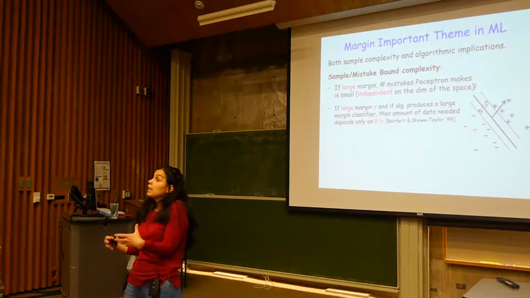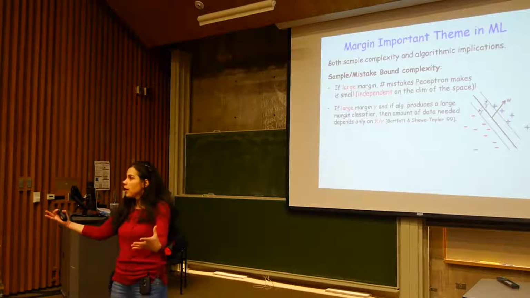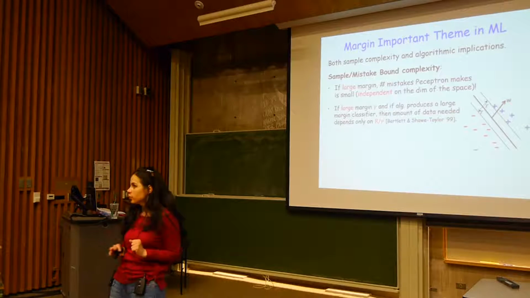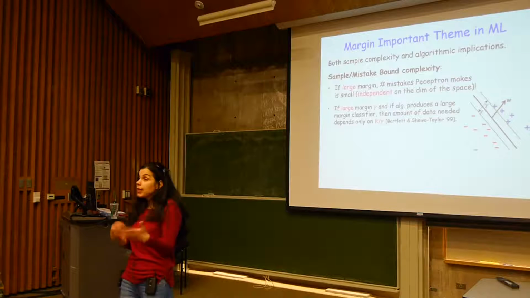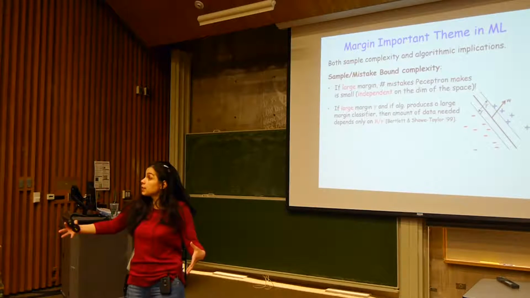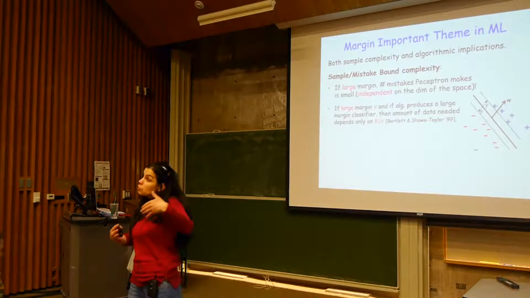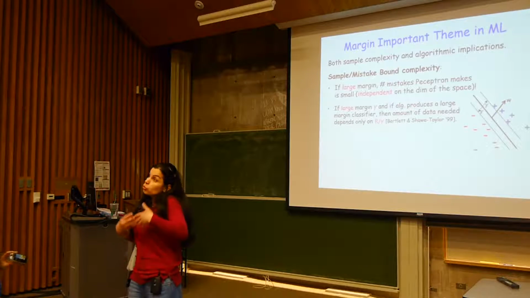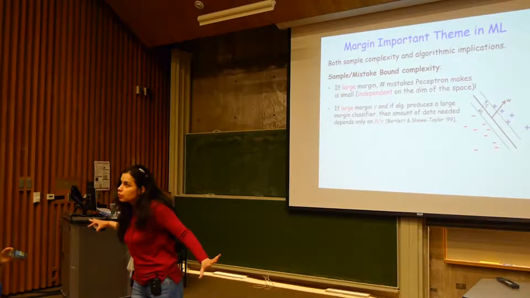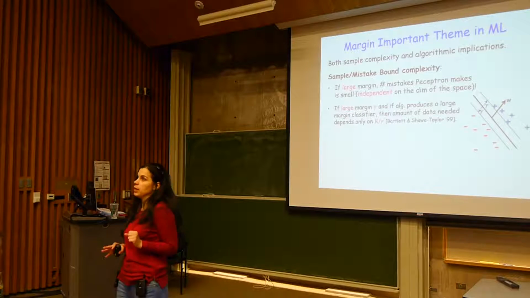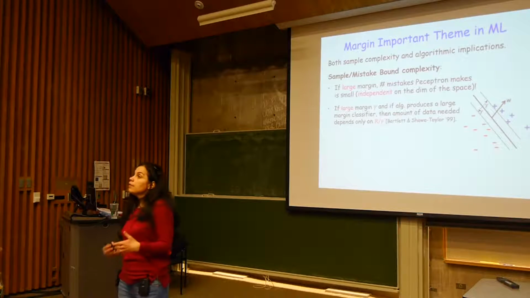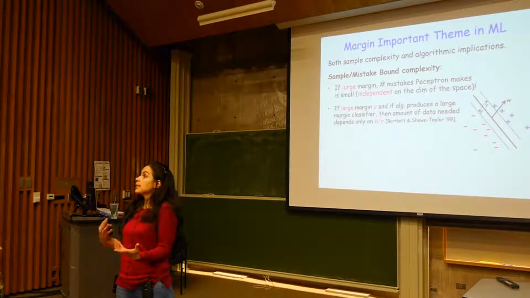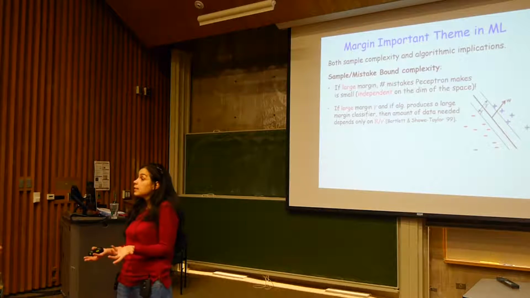It was proven that if my underlying distribution truly has a large margin, or nearly a large margin, and I have an algorithm that, given a set of examples, is able to produce a large margin classifier, which must exist because I know that the underlying distribution has a large margin, so any sample is going to have a large margin, then the number of labeled examples I need in order to achieve good generalization guarantees is small.